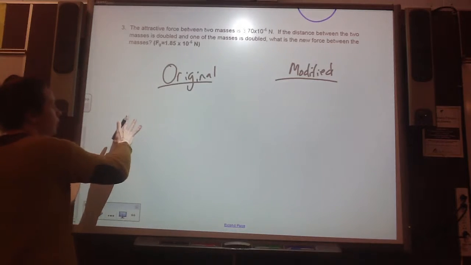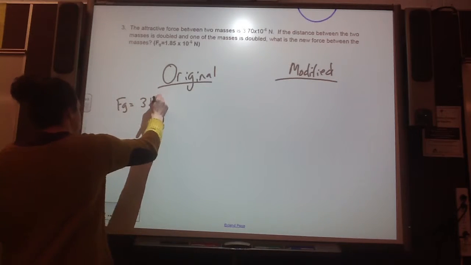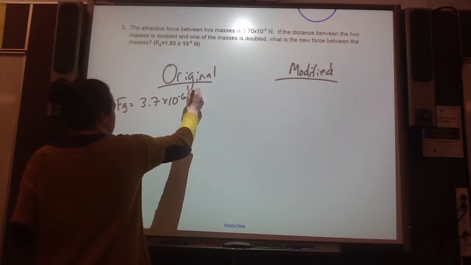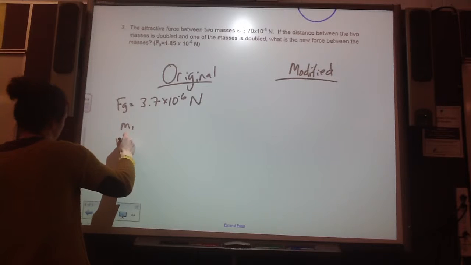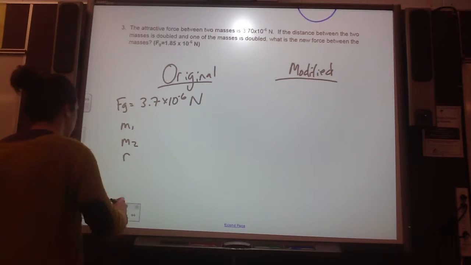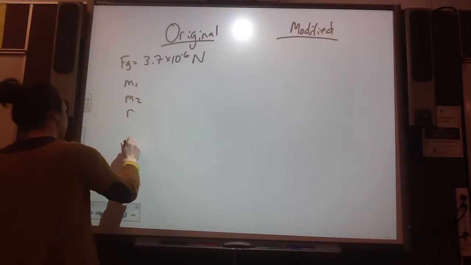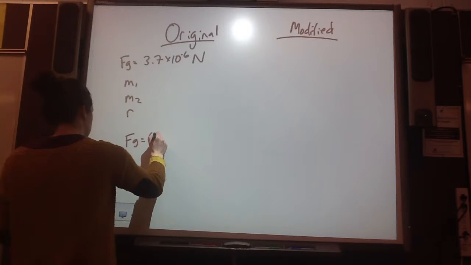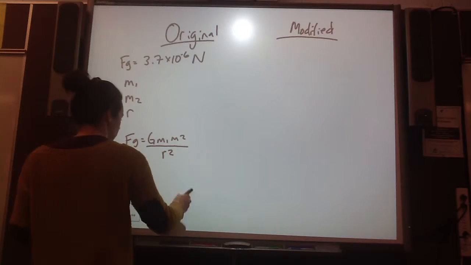So my original information is that I have Fg is equal to 3.7 times 10 to the negative 6 newtons. To represent mass 1, I have M1, M2, and R. When I represent this as a formula, I can say Fg is equal to G times M1 times M2 over R squared.